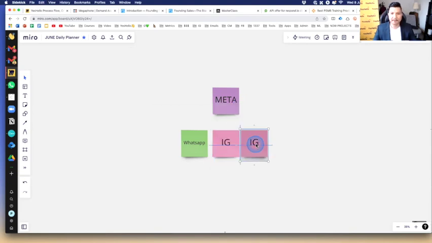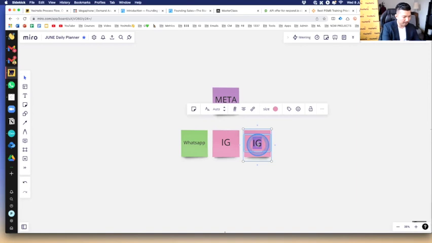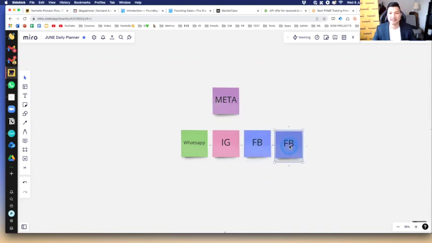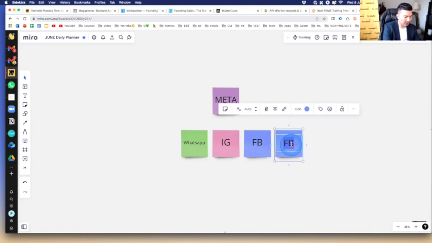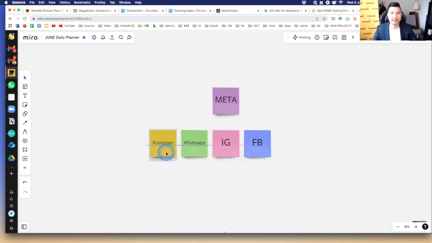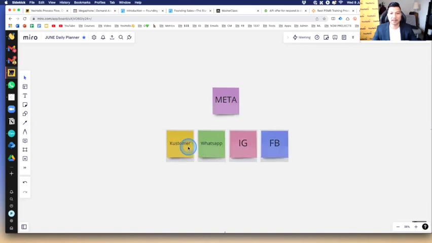And then they have Facebook, which is obviously blue. And finally, their newest acquisition is called Customer. Customer is going to connect with their WhatsApp, I'm assuming. So this is their whole infrastructure.